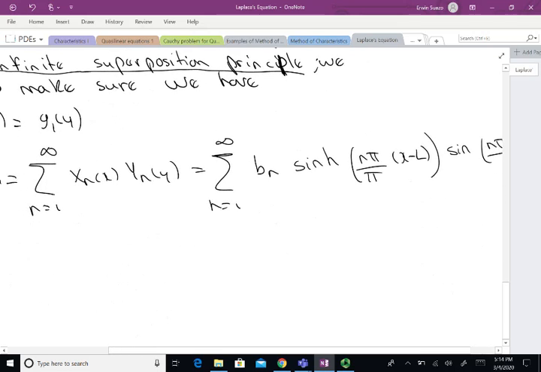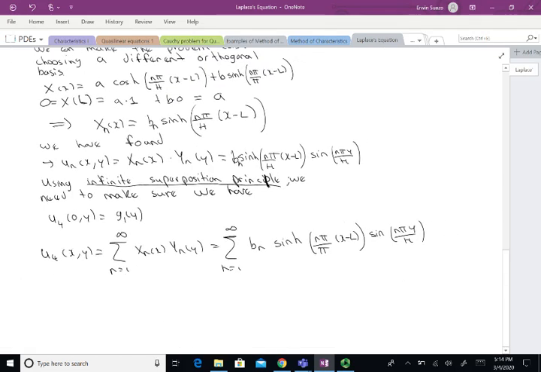Okay, so now when you plug in at x equals 0, you need to make sure you are getting something, right?